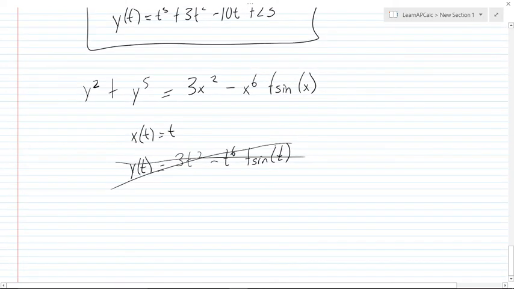Because if you think about it, this is also saying y equals. Here we don't have y equals, we have y squared plus y to the 5th equals. So that's the problem here. And so you would have to write this some other way.